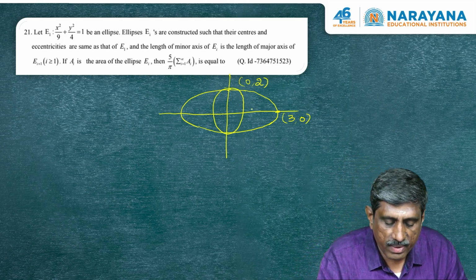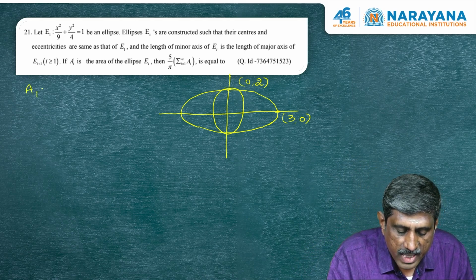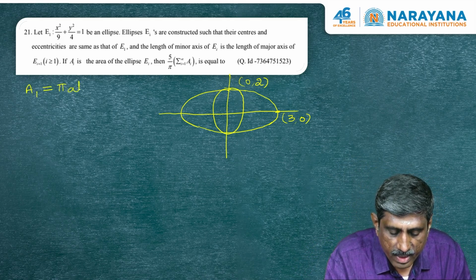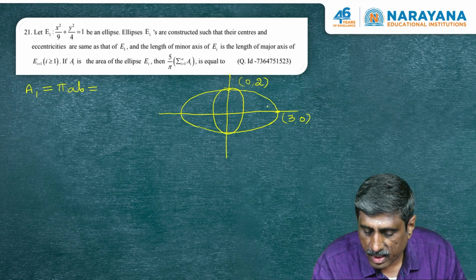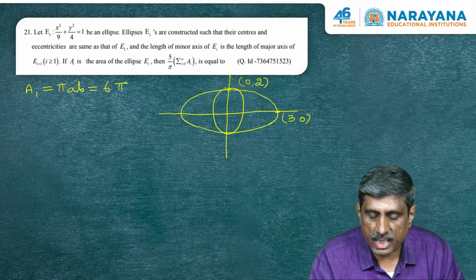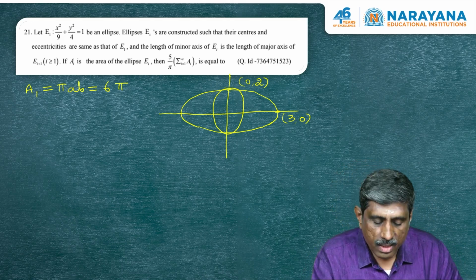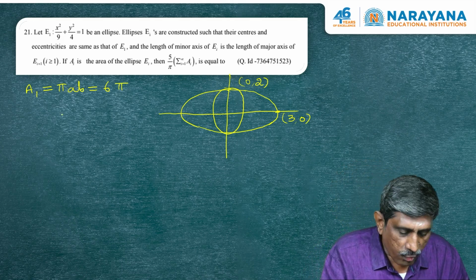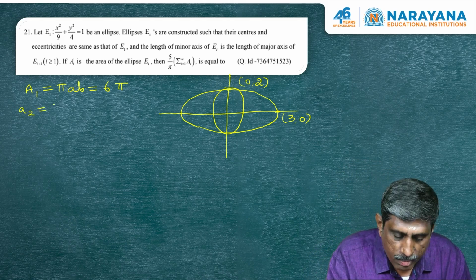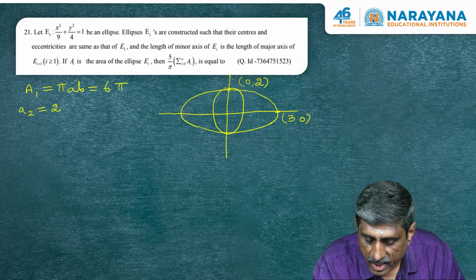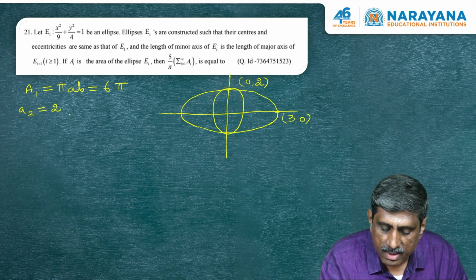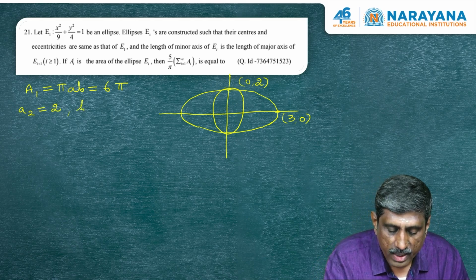So, let us say the area of the first ellipse is A1. Area of the ellipse is pi AB, which is nothing but 3 into 2, which is 6 pi. Let us come to the second ellipse. For the second ellipse, A2 is going to be 2, which is the length of the minor axis of the first, and the eccentricities are the same. We have to find B2.